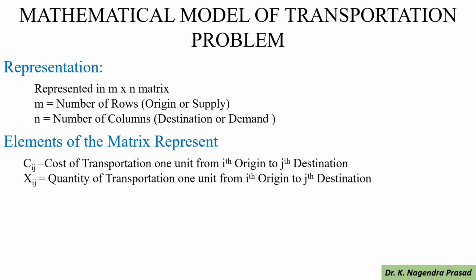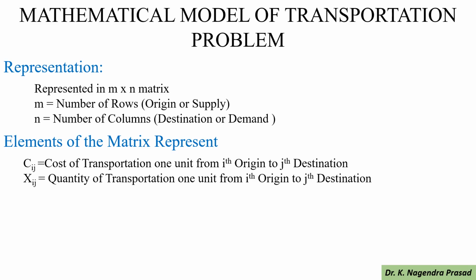Next, we have to look at the mathematical model of the transportation problem. First, we will see how to represent the transportation problem. In general, a transportation problem is represented in an m by n matrix. Here, m equals the number of rows and n equals the number of columns.